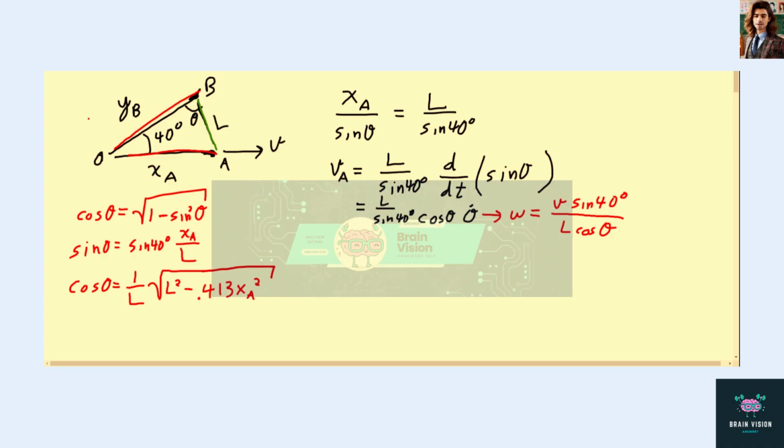So this is what our cosine of theta is. We can then plug that into our omega equation.